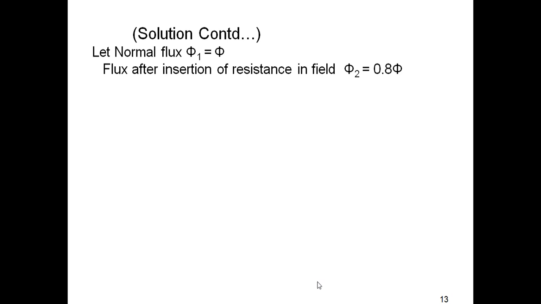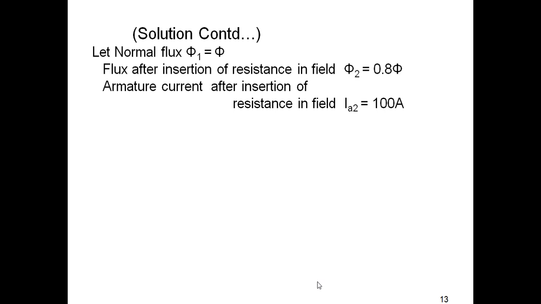So the flux phi2 is equal to 0.8 phi, and the armature current after insertion of resistance in field, represented as IA2, is equal to 100 amperes.